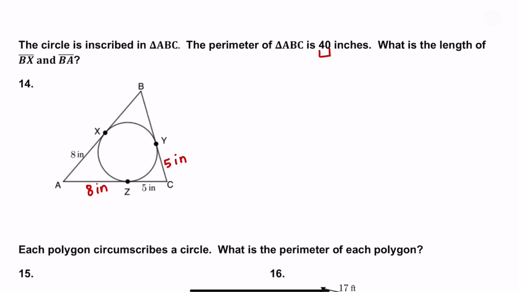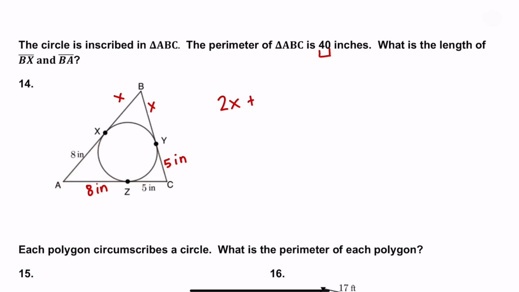Now I am trying to find BX, so let's start with that and put an x there. If BX is x, then BY is also x. If I add up all of the pieces on the outside of this triangle, the perimeter is going to equal 40. If I have x plus x, I have 2x, plus 5 is 10, and then plus 8 is 16, and 10 plus 16 is 26.